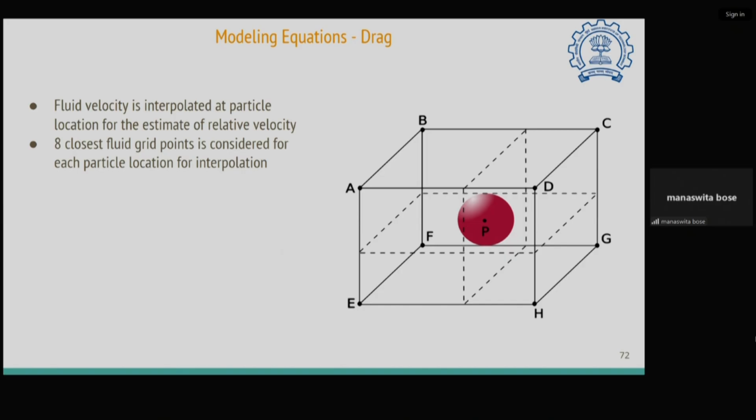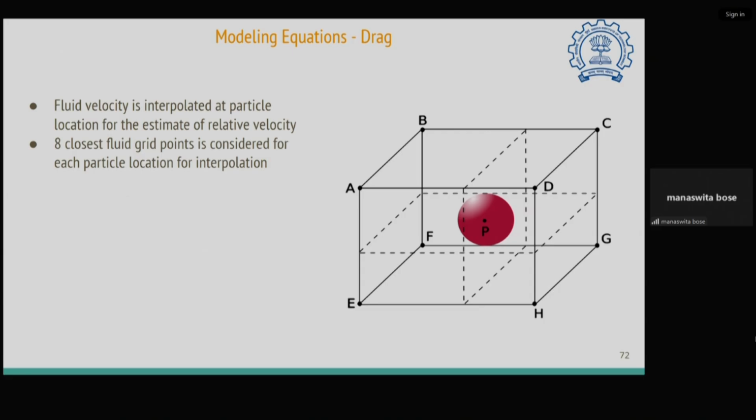One fluid grid has multiple particles, at least 2 particles. So, the drag force on the particle is calculated with the fluid velocity interpolated at the particle center. That is how drag on the particle surface is calculated.